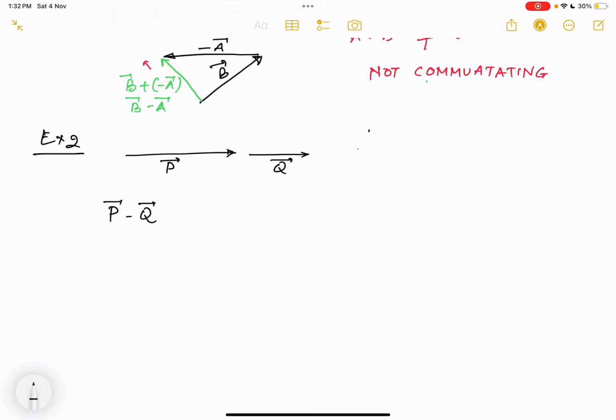P minus Q is equal to P plus minus Q. So I need to flip one vector, Q. Q flipped by 180 degrees is this.